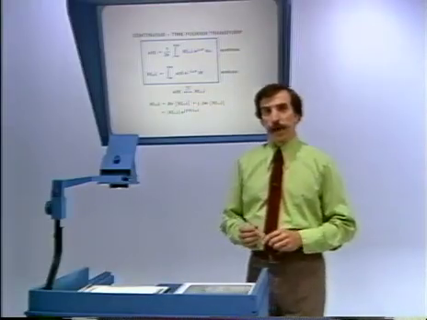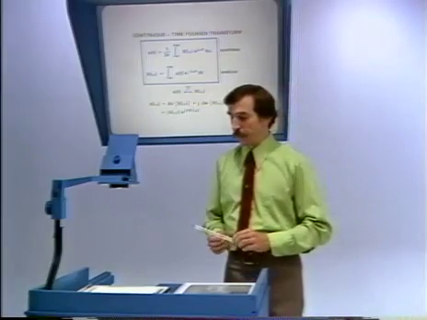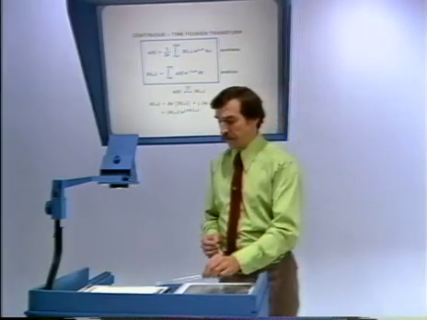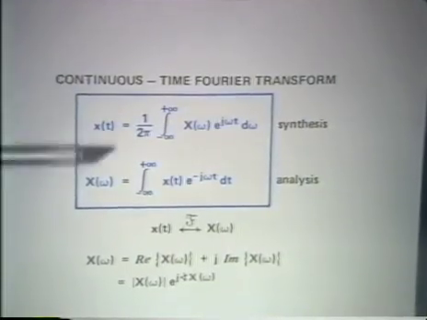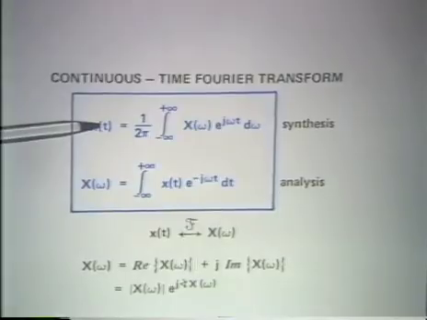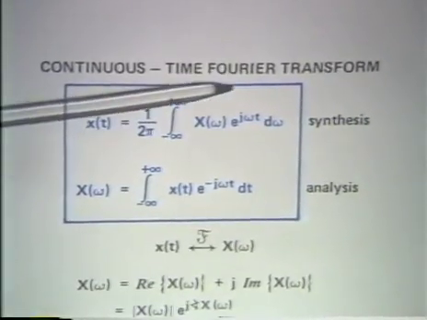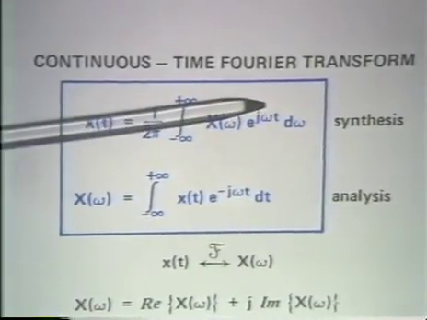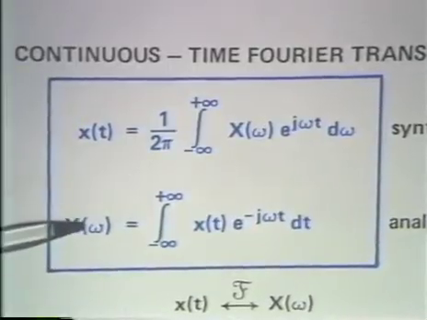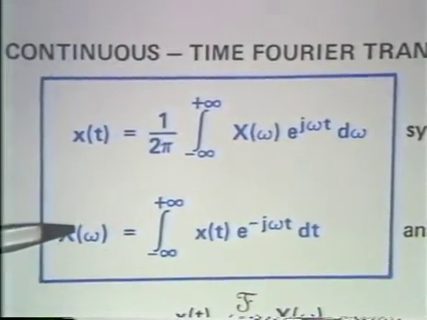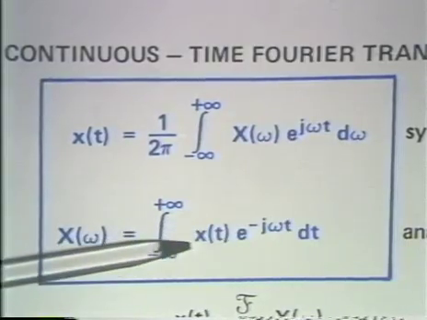So let me begin by reminding you of the analysis and synthesis equations for the Fourier transform as I've summarized them here. The synthesis equation being an equation that tells us how to build the time function out of, in essence, a linear combination of complex exponentials, and the analysis equation telling us how to get the amplitudes of those complex exponentials from the associated time function.